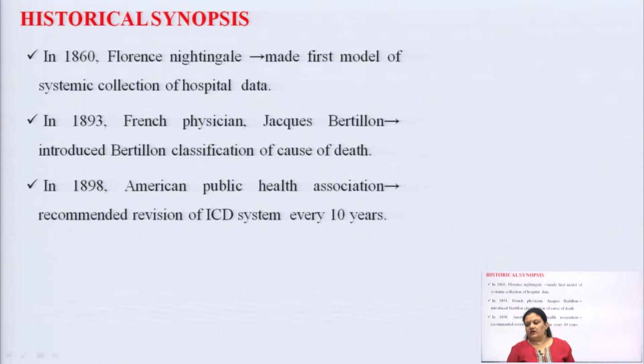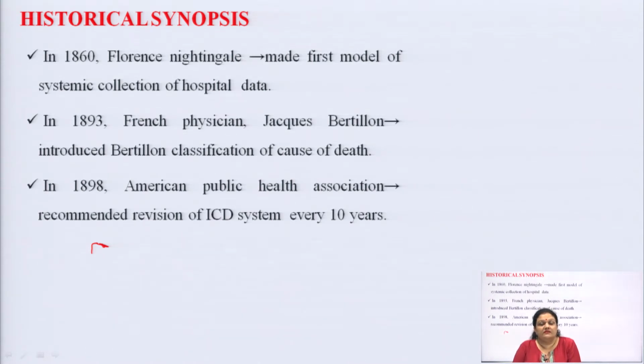Okay. Now, coming to the historical synopsis of ICD. You will see that in the early 1860s, Florence Nightingale was the first who made a model of systemic collection of hospital data.